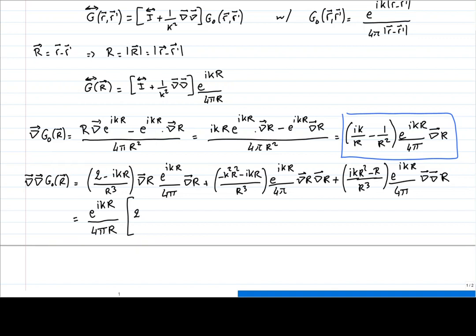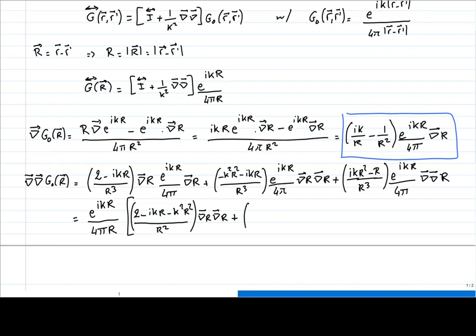And then you're left with 2 minus ikr minus k squared r squared over r squared times the gradient of r times gradient of r.